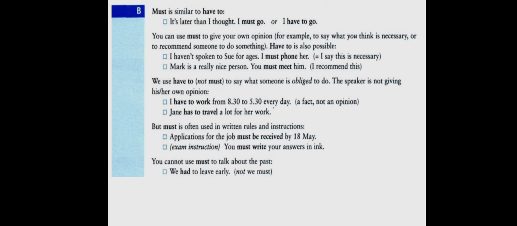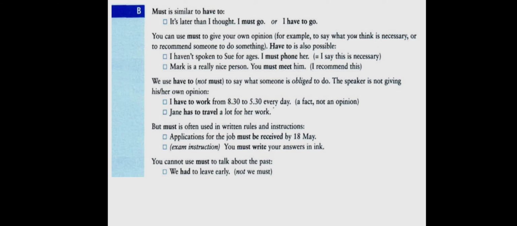The work requires her to travel a lot. So this is external power. This is external obligation. It is not personal opinion or personal decision. That's why we use here has to, because Jane is singular. We use has, not have. So we say Jane has to travel a lot for her work.